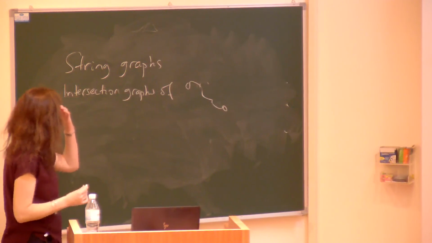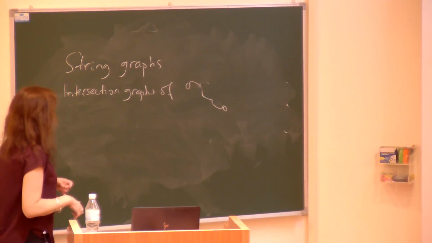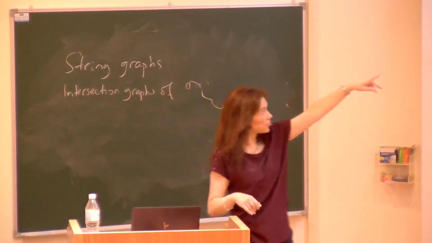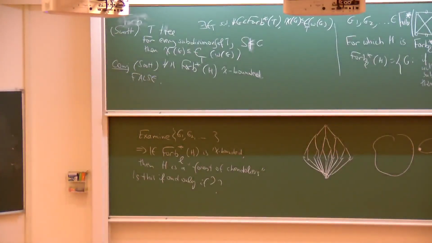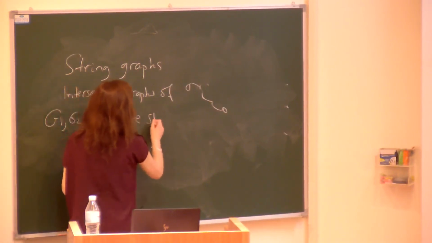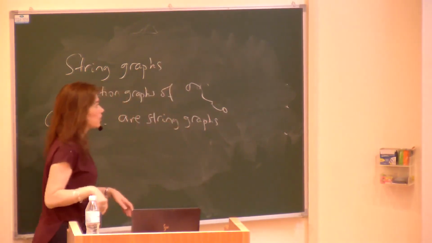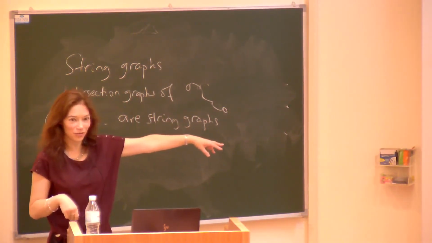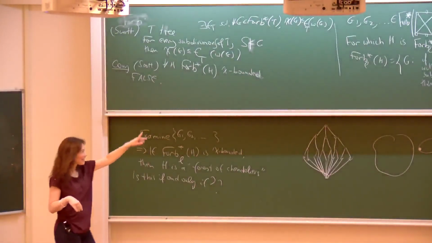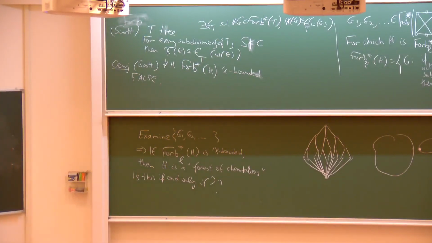There are strings in a plane, and these are the vertices, and two vertices are adjacent if two strings intersect. And all those graphs, G1, G2, and so on, they turned out to be string graphs. So then, with Paul Seymour and Alex Scott, we can prove that this is if and only if for string graphs. Somehow this family, the chandeliers, came from that family, and it turns out in string graphs it's if and only if.